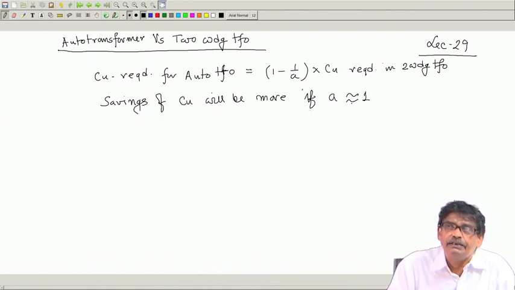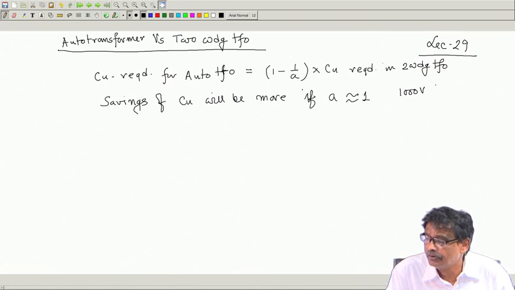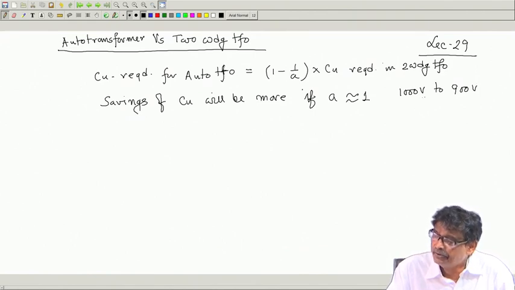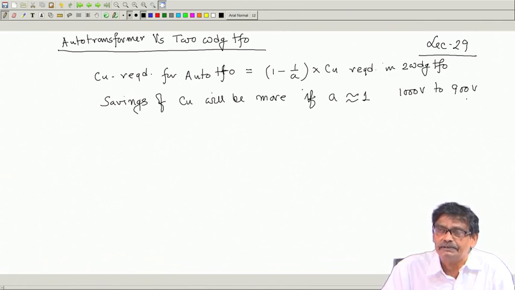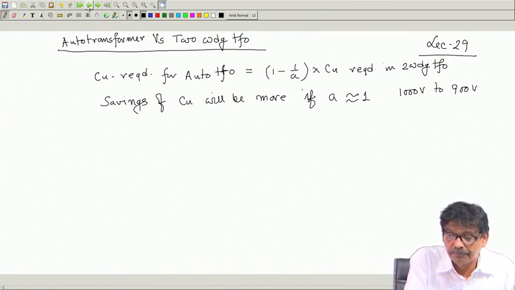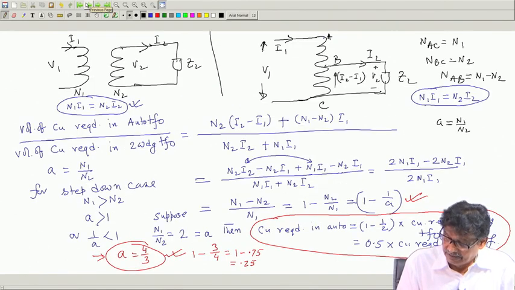But there may be situations when, for example, you want to step down the voltage from 1000 volt to say 900 volt. Here this ratio is close to 1. In this type of transformation, we find savings of copper will be more. That is what we established in our last class.